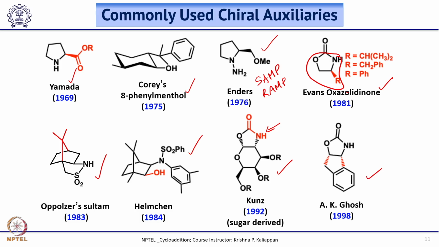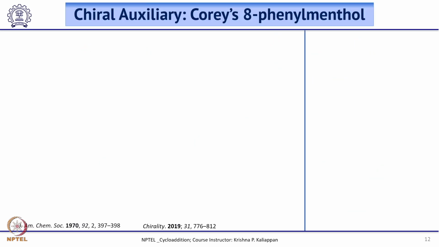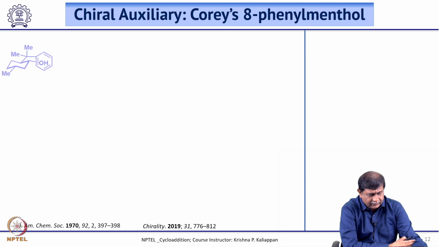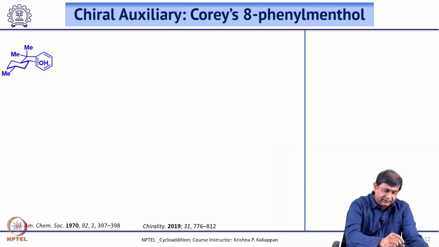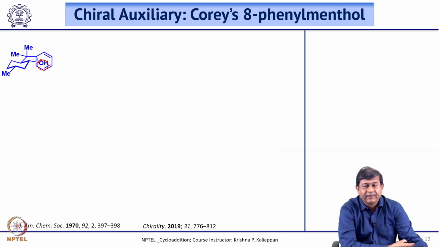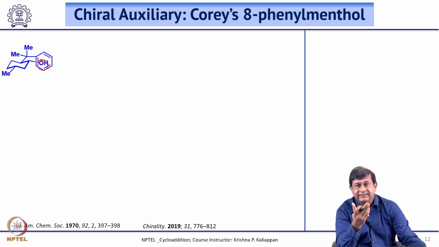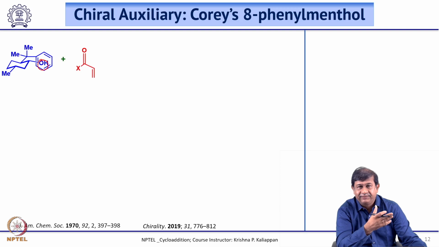So, these are some of the commonly used chiral auxiliaries, and we will discuss a couple of them: one, Corey's 8-phenyl menthol, the other, the Evans oxazolidinone in asymmetric Diels-Alder reaction. In this 8-phenyl menthol, as you can see here, this is the hydroxyl group where you attach the dienophile. Say, for example, you take acryloyl chloride and attach it to 8-phenyl menthol.